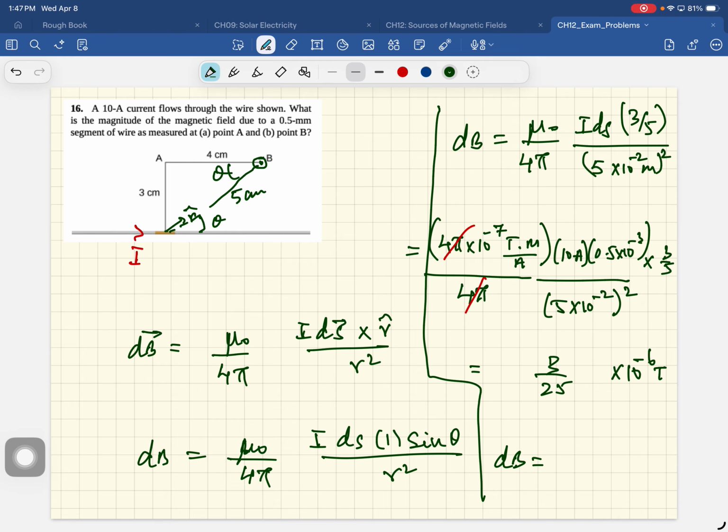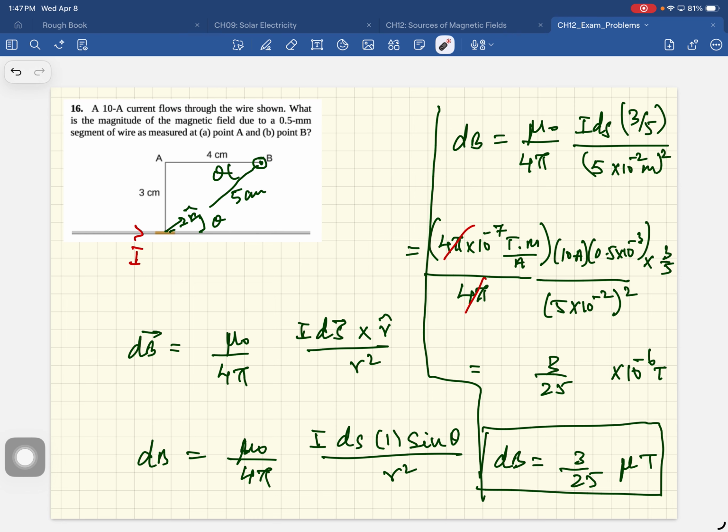So the net field is equal to field out minus field in. Out is the field due to this arc coming out of the sheet, and field in is the field due to this arc, which is going into the sheet. The field out is mu naught over 4 pi, I, and this arc is 1/4 of the circumference, and the radius of that is a.